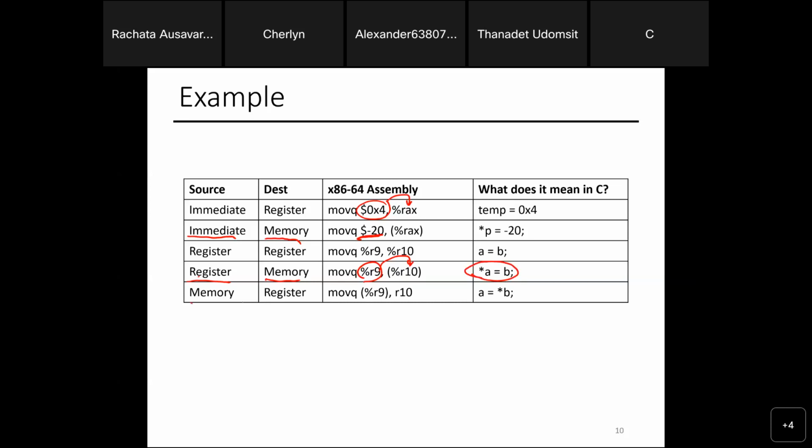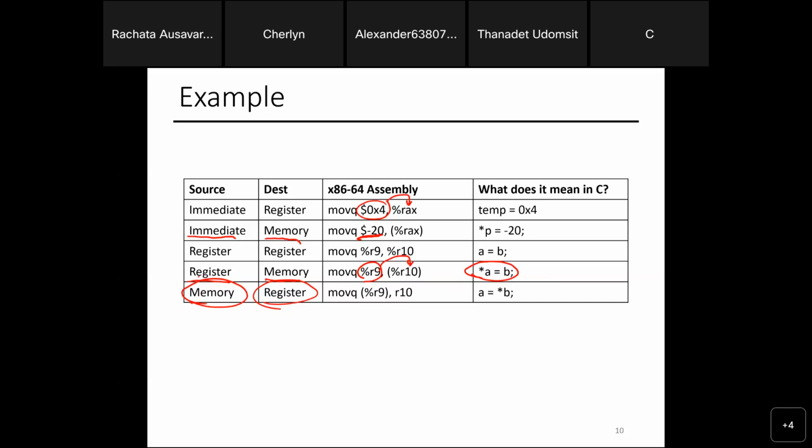I can also move from memory to a register by doing parentheses in the source. It means go to that address, whatever data is there, take it, put it into R10. All right. And with this, we have the flexibility to initialize data to some constant like 0, 5 from the first version. We can also initialize an address to have a constant with the second version.